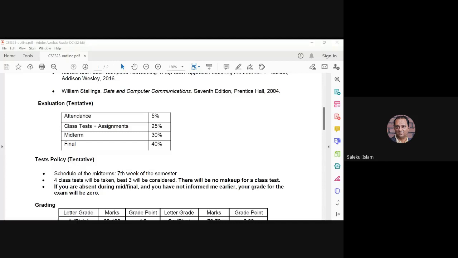But if there is any other directive in the meantime, because UGC, they are changing their minds also, so if they send any other directive, then it may change, or if that's not the case, then whatever we followed before in 2020, right, whatever we did in fall 2020, we are going to follow that marks distribution. Okay, so 30, 40 in the mid and final, and the rest of the part is class test and assignment and attendance.